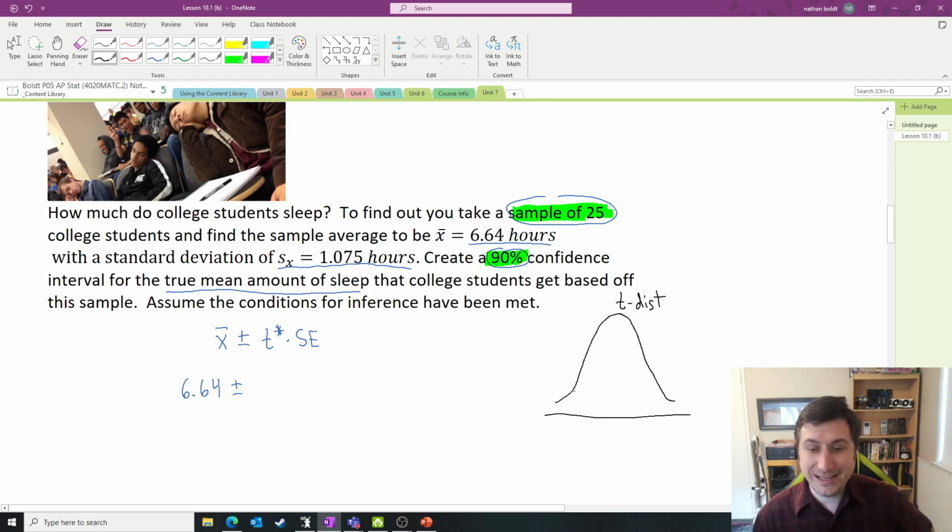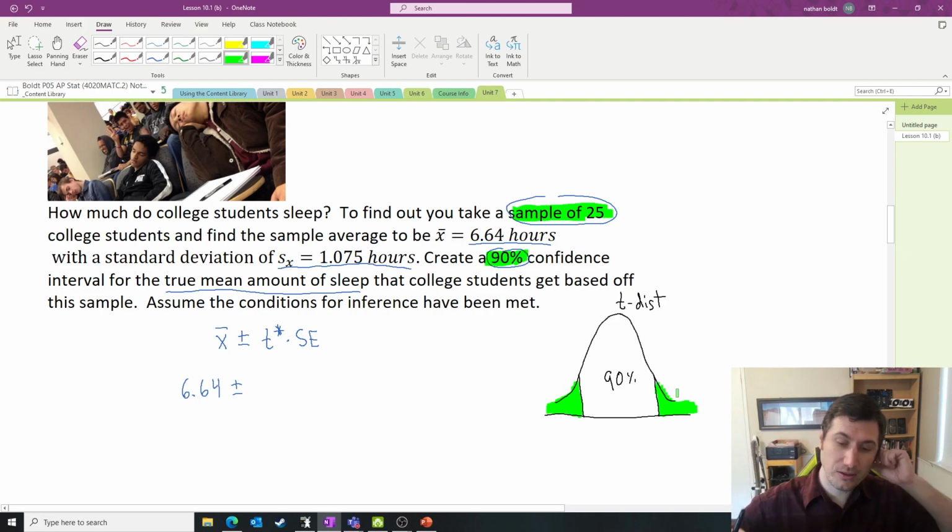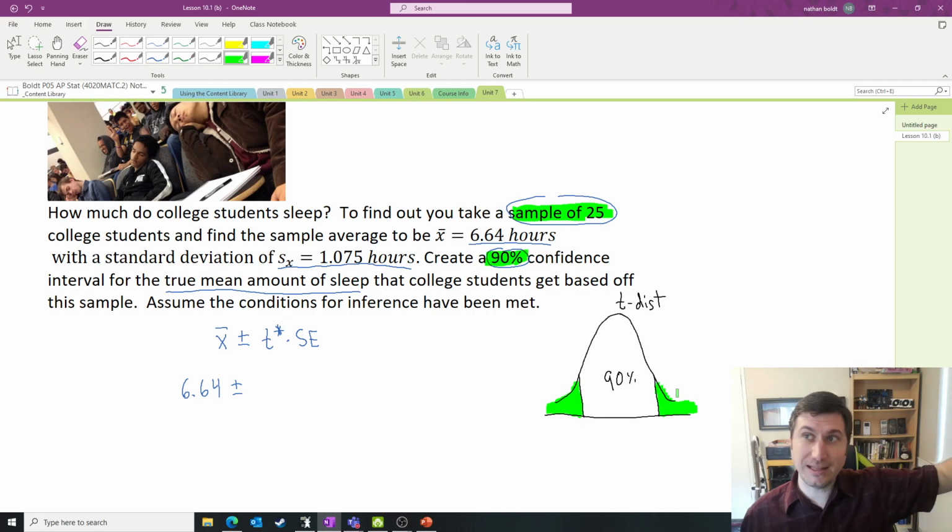If we want a 90% confidence interval, that means we want 90% in the middle. How much is in the tails? In this calculator computation, it is asking us to put in these areas, the tail areas, not the central. Those of you who have the 84 are probably used to this, how it always does the left area.